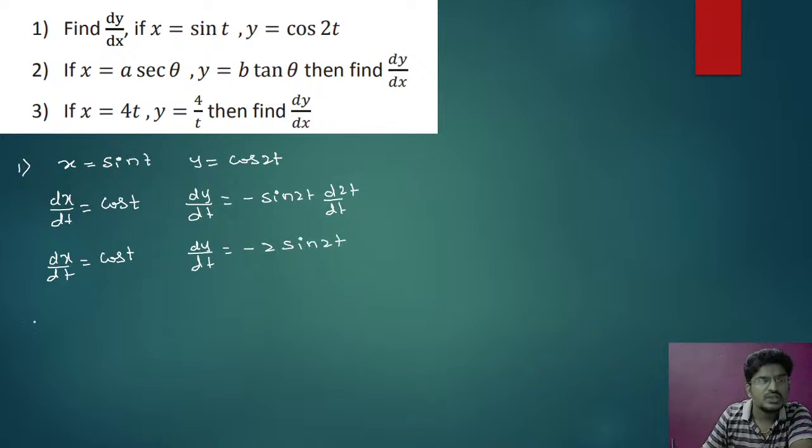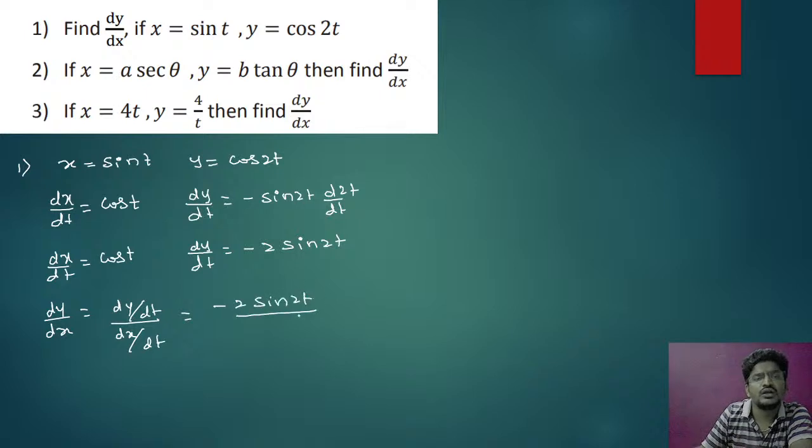Okay. So therefore you can write dy by dx as dy by dt divided by dx by dt. So dy by dx will be minus 2 sin 2t divided by cos t.